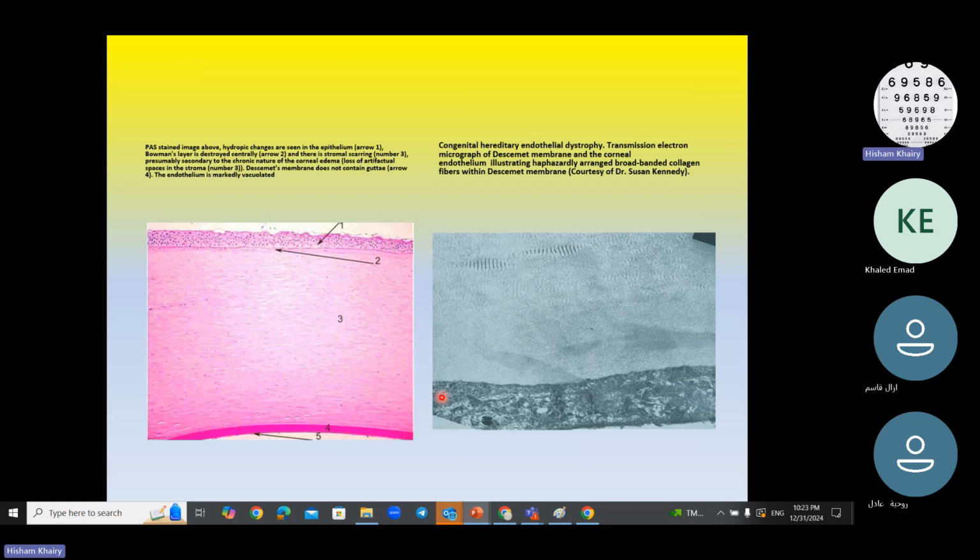Here on the right, there is a transmission electron micrograph of this membrane and the corneal endothelium, with haphazardly arranged broad-banded collagen fibers within this membrane.